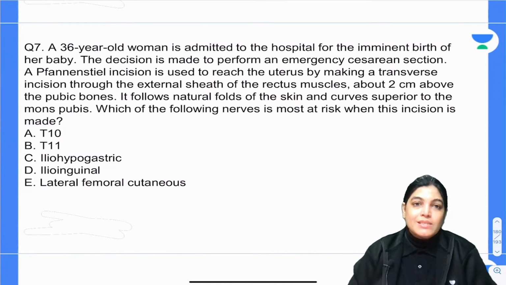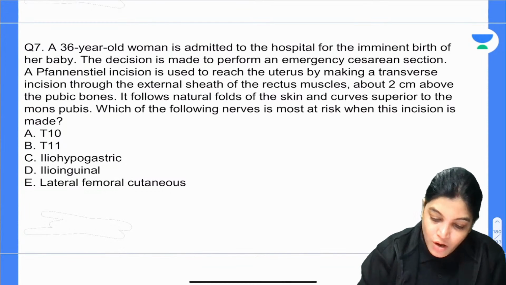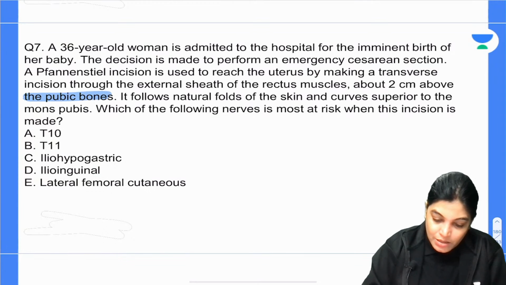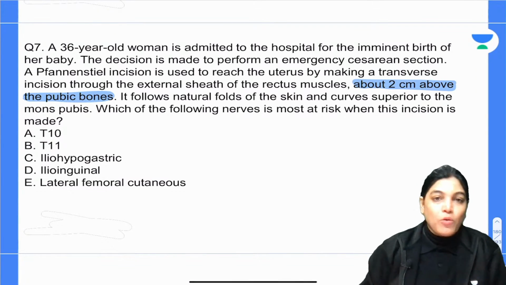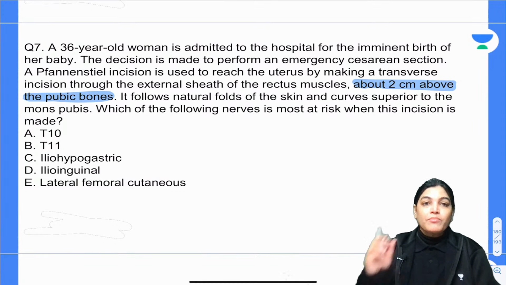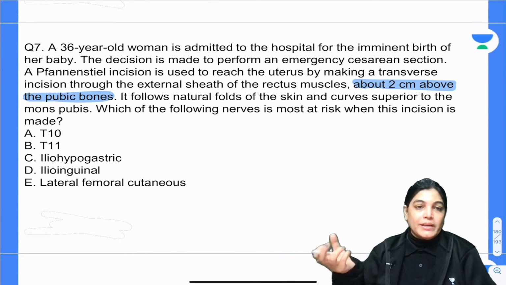That is a transverse incision, which is lying over the rectus muscle and sheath. Approximately the location of the incision is 2 centimeters above the pubic bone. So that is an important key feature which is mentioned here. It follows the natural fold of the skin and curves superior to the pubis.